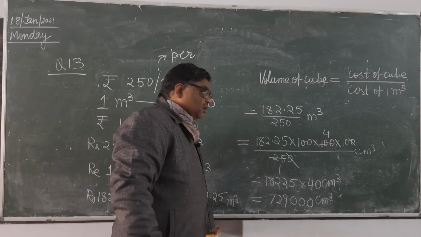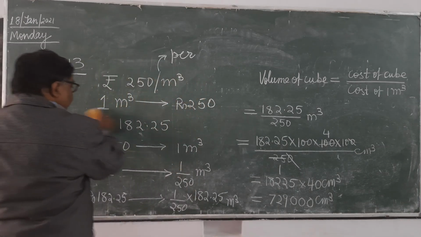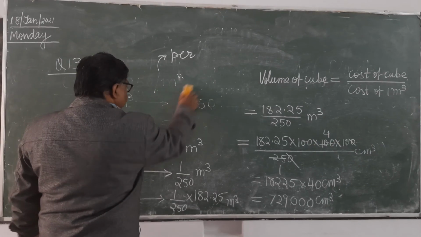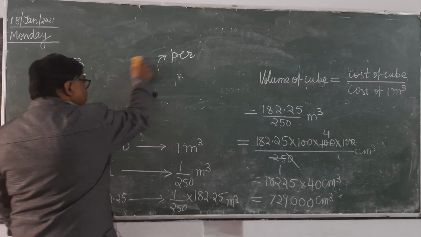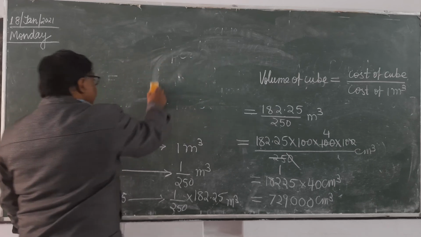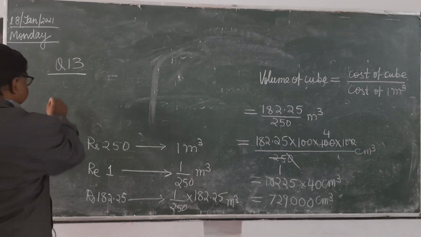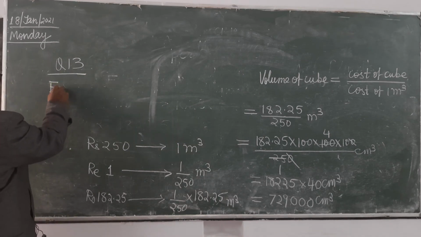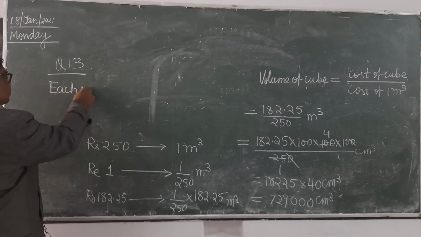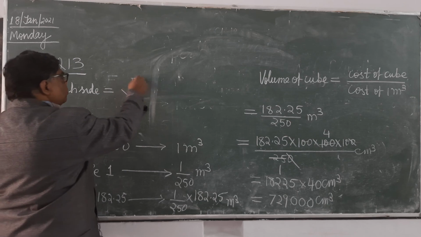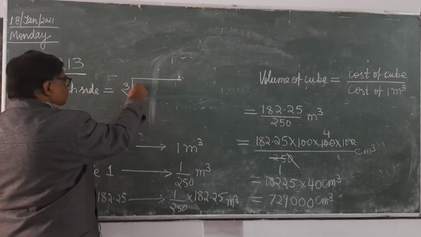Now we have to determine each side of the cube. How will you find? Cube root of volume. Each side of cube is equal to cube root of volume.